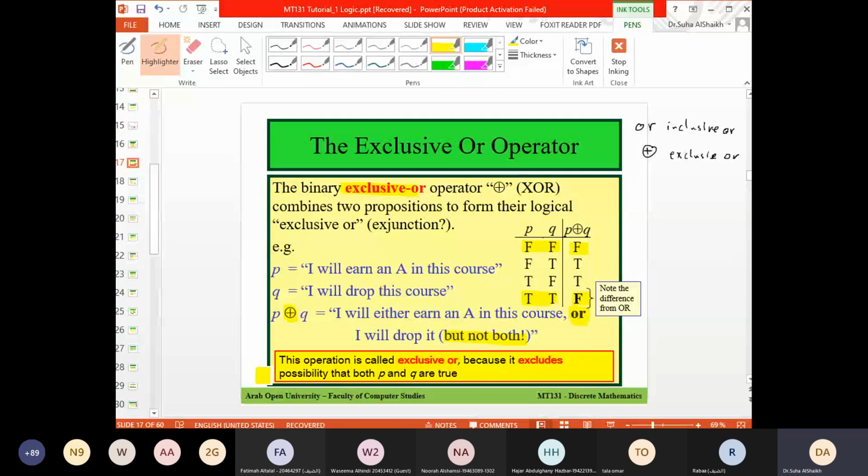It's the same as the or, but we add in the not both. They cannot happen at the same time. So the exclusive or is true when they are different. It is false when they are the same, whether both false or both true.